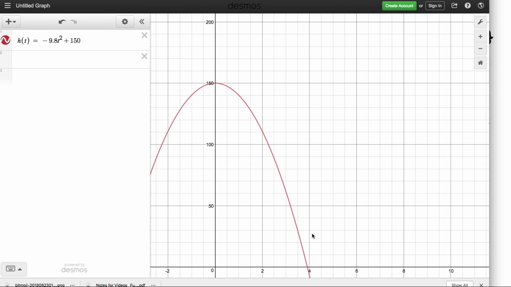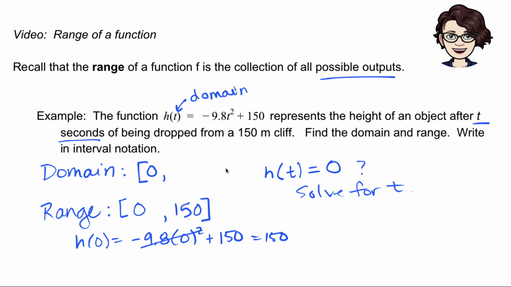So let's zoom out just a little bit and click on this, and we hit the ground. Remember, the height is our y variable, the height is 0 at 3.912 seconds. So our valid domain is from 0 seconds to 3.912, including that, because that's approximately the value that makes the object hit the ground.